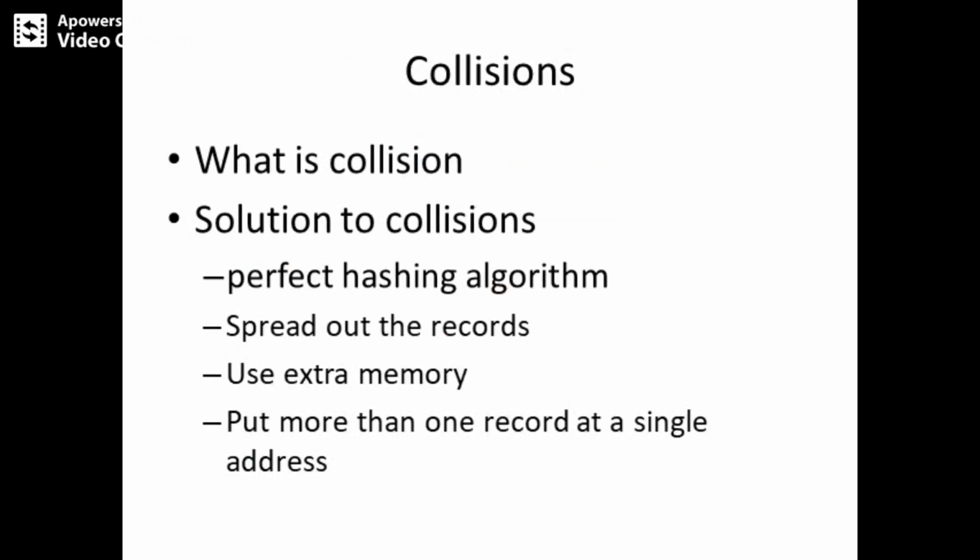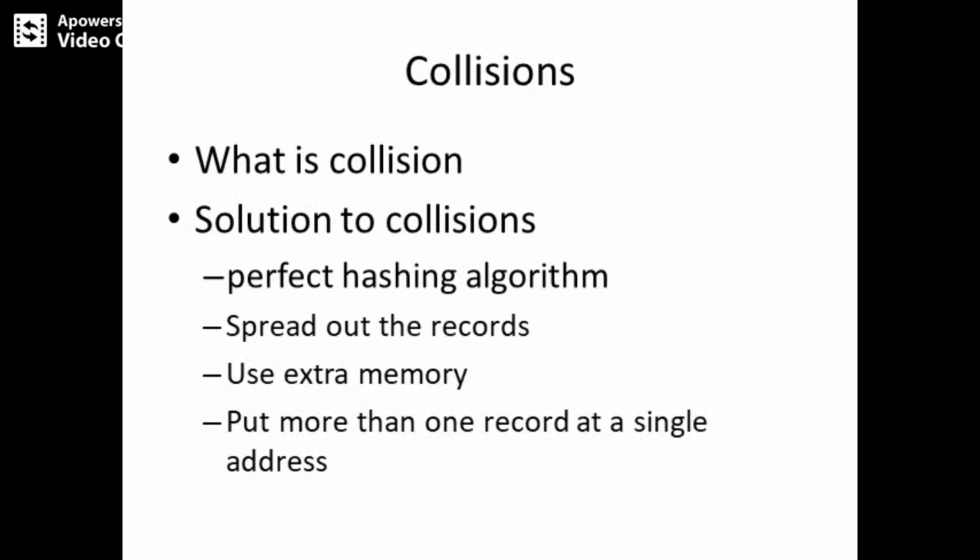Now what do we mean by collision? In the previous slide we had seen the home address, but what will happen if I have lowell as one key and LO as one more key? Lowell and LO, if I consider both first two characters, both are having the same home address.